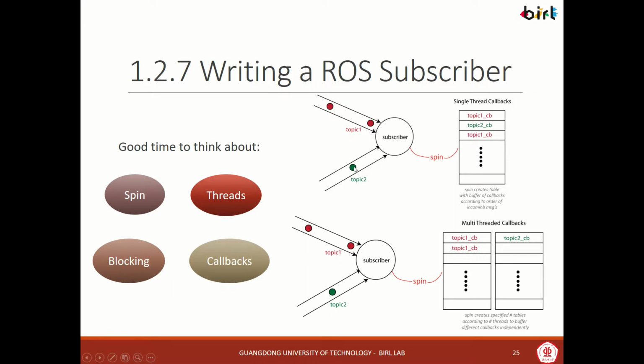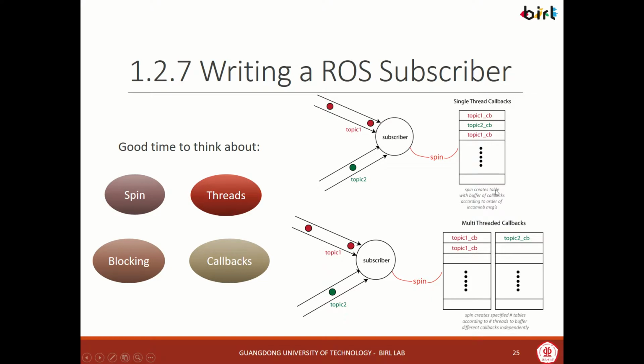And then if topic 2 data message comes in, then this table would insert this callback function corresponding to topic 2. And then if this data message comes in after that, you'd have a new entry on this table to make a call to the callback for topic 1. And as more data comes in, more functions get appended.